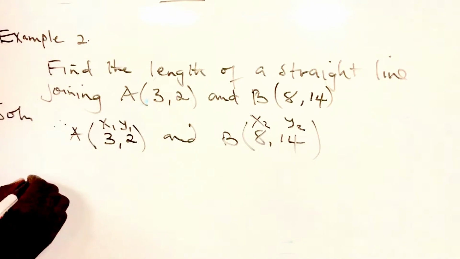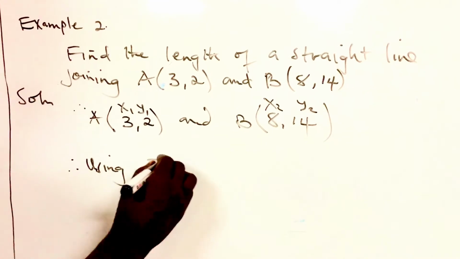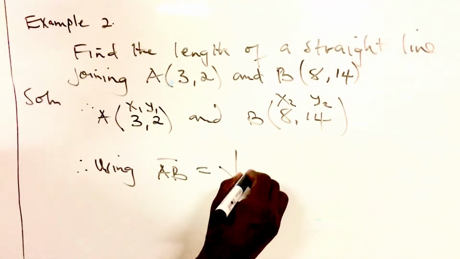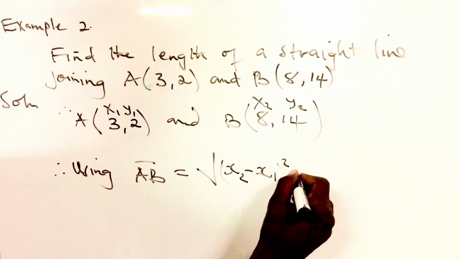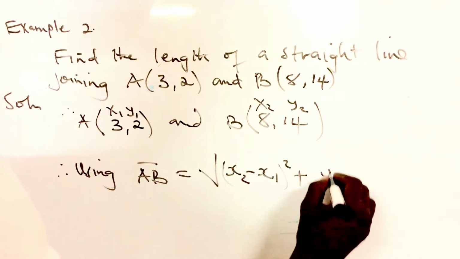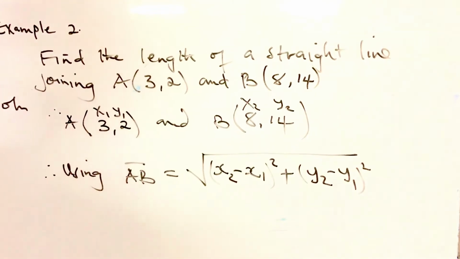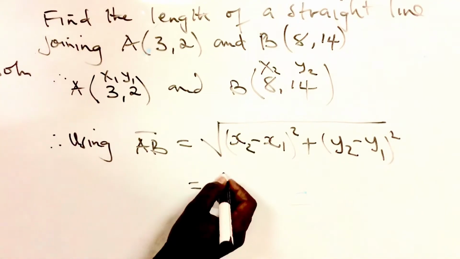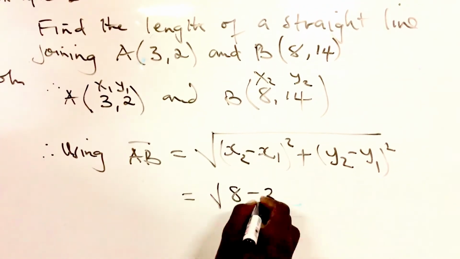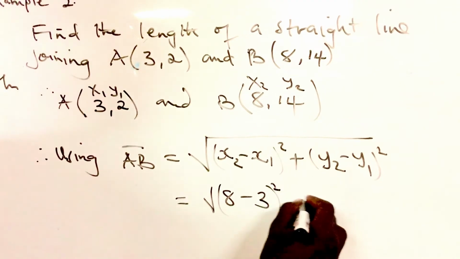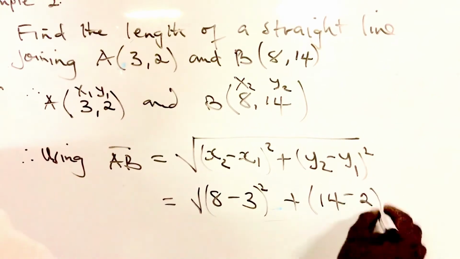Using line AB should be equal to the square root of x2 minus x1, everything squared, plus y2 minus y1, everything squared. This will be equal to the square root of our x2, which is 8, minus our x1, which is 3, everything squared, plus our y2, which is 14, minus our y1, which is 2, everything squared.